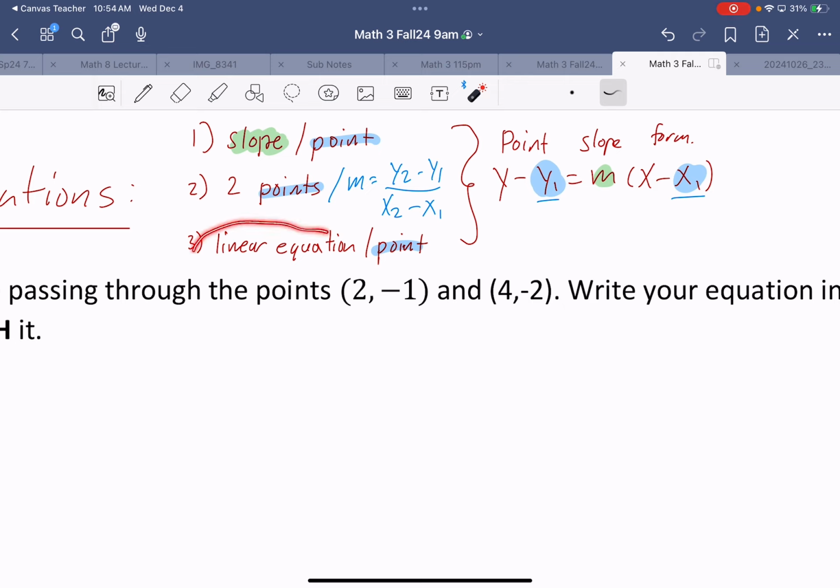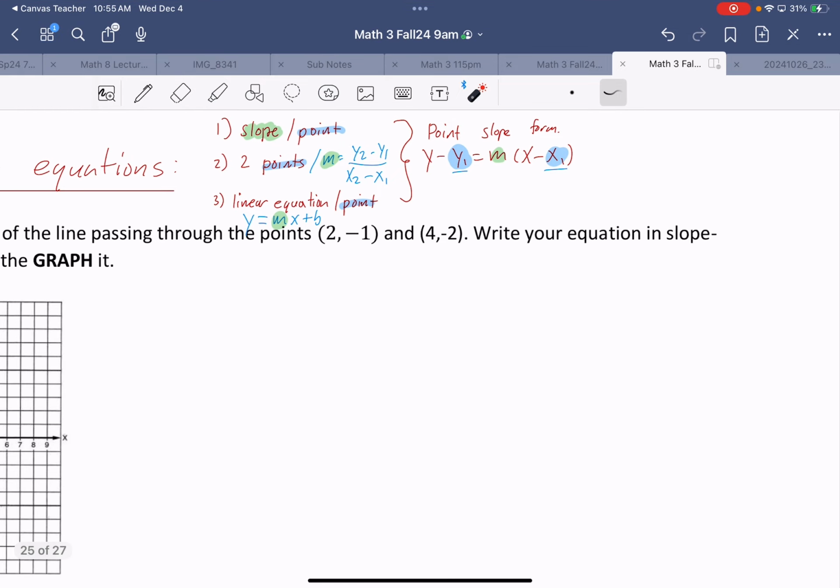And then a linear equation, remember, if you write your equation in slope-intercept form, right, so whichever format the equation is in, if you isolate your y value, your slope is the coefficient of x. So in all those scenarios, you will plug in a slope, and you'll plug in your point, and you'll find your equation.